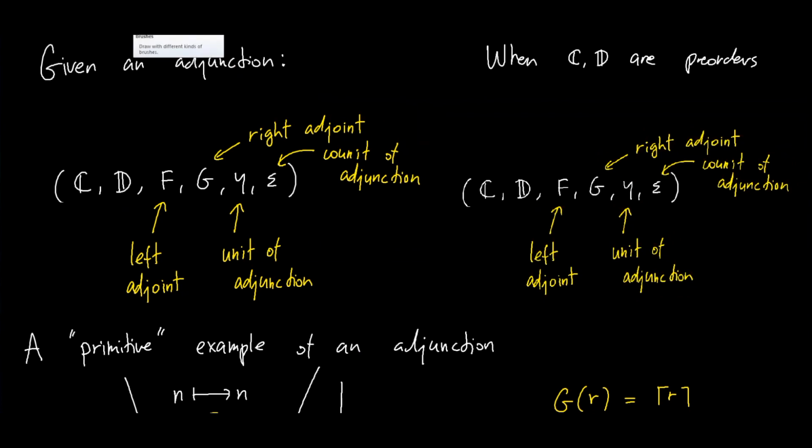Again, preservation of composition and preservation of identity maps is straightforward by the fact that there's always at most one arrow between any two objects in a preorder. So these two things are preorders, and F and G are monotone maps.